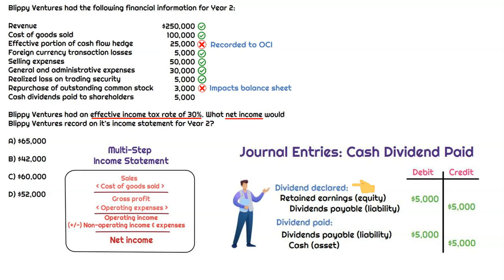But then when we go ahead and pay those, we would debit dividends payable to remove the liability, and the offset is a credit to cash. However, as you can see, the initial debit is not to expense, it's to retained earnings. And so again, there is no income statement impact there, just a balance sheet impact.